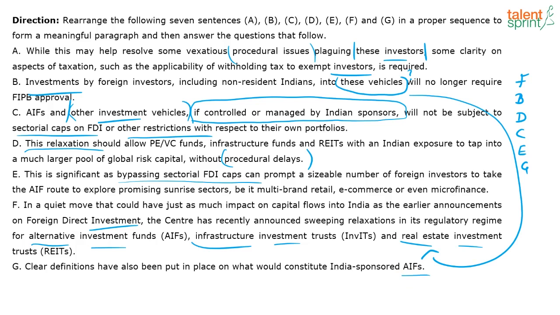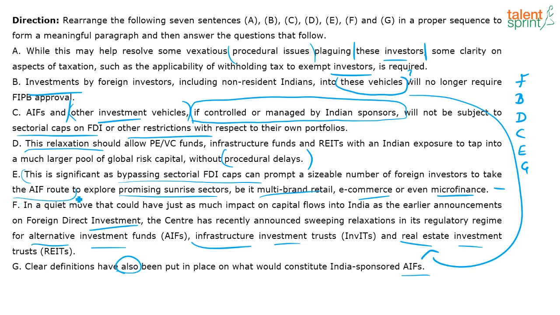If you look at E, it's telling you a significant, positive thing. This is significant as bypassing sectoral FDI caps can prompt a sizable number of foreign investors to take the AIF route to explore promising sunrise sectors, some of which are multi-brand retail, e-commerce, and even microfinance. And keep in mind this clue word: clear definitions have also been put in place on what would constitute India-sponsored AIFs.